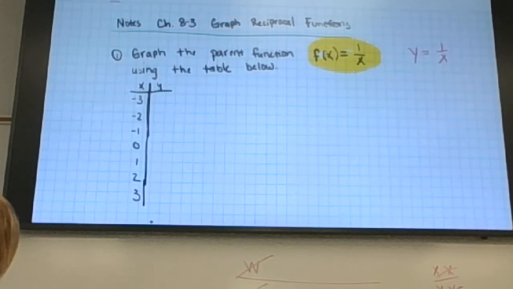This time, what number would be undefined? 4. So for this one, our table would have to go 1, 2, 3. 4 will be a break. 5, 6, 7. That would be the other half. It splits in 2 halves based on the undefined value.